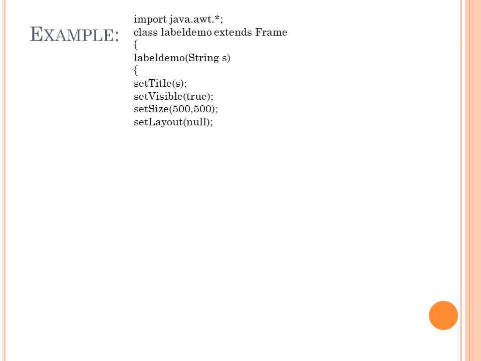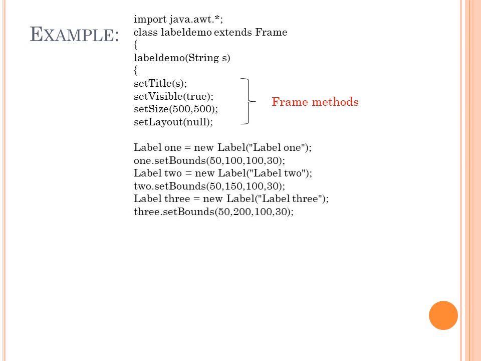Then next part is to set the title. Then you have to set the frame as visible, that is true, and then you have to set the size as 500, 500, and fourth one is setLayout, that is null. We are not going to set any layout for this frame. So all these are your frame methods.